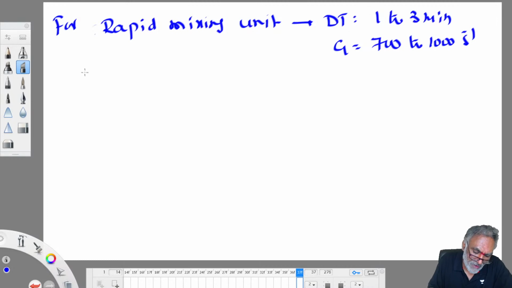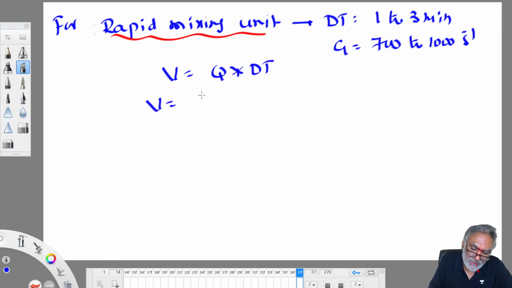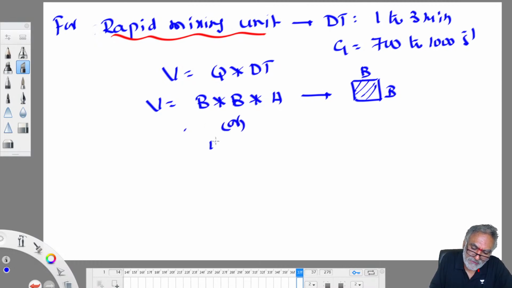So using detention time, what you can find out? Okay, volume of the rapid mixing unit, Q into detention time. This volume is equal to, for a square type tank, B into B into H, because rapid mixing tank is square type or circular type. For circular tanks, it is pi by 4 d square into h. For circular basin, this is diameter.